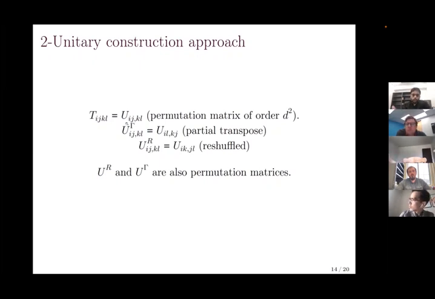Now, they define this partial transpose and reshuffled matrix. Partial transpose is basically transposing with respect to the last indices J and L, and reshuffled is shuffling the J and K indices. And it turns out that because this is a permutation matrix, the partial transpose and the reshuffled matrix are also permutation matrices.